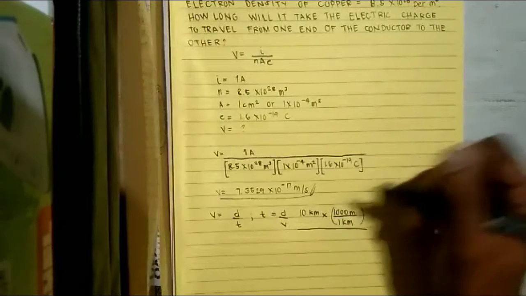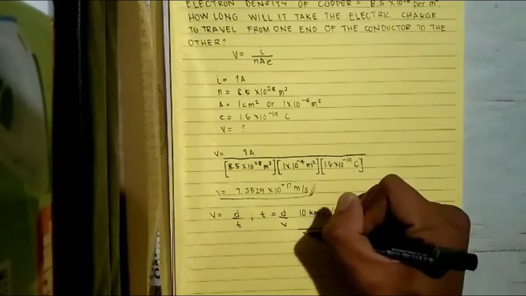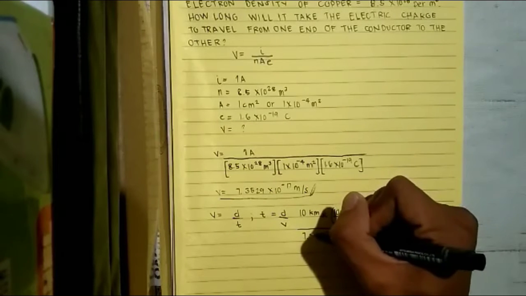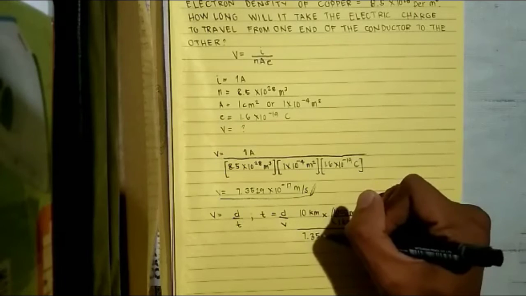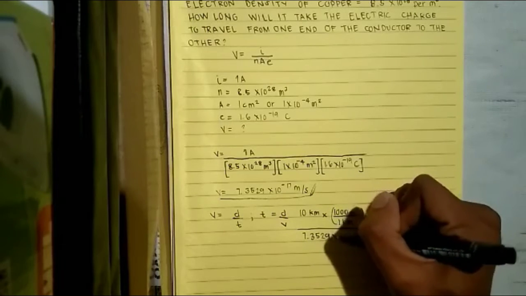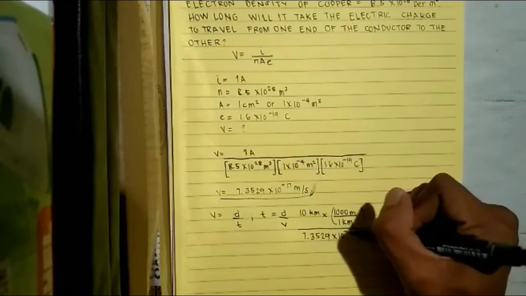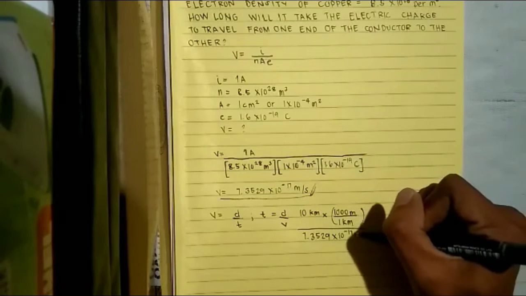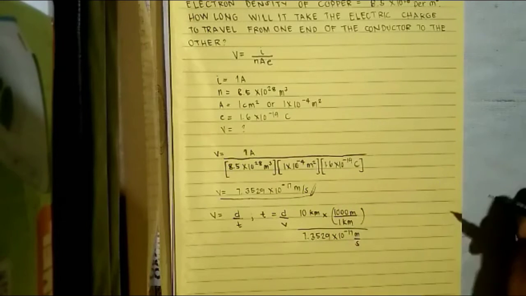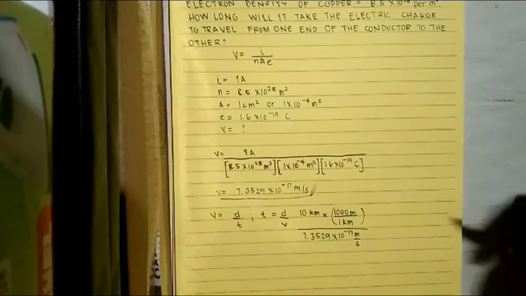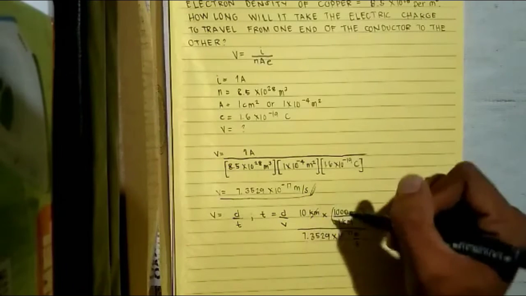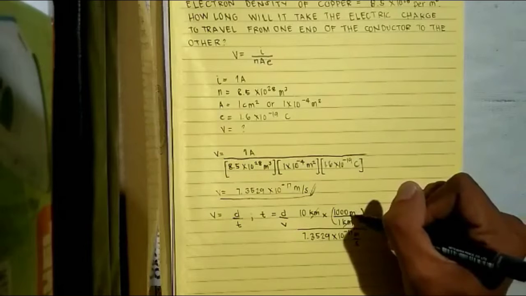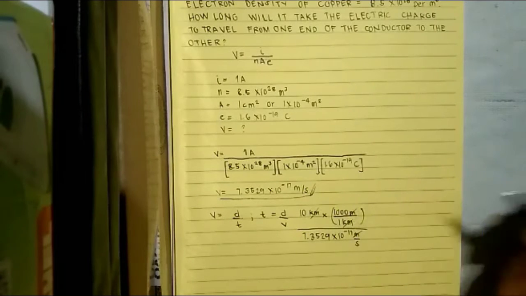All over yung velocity natin na 7.3529 times 10 raised to negative 17 meter per second. So, cancel yung kilometer, tapos yung meter sa taas at meter dito.